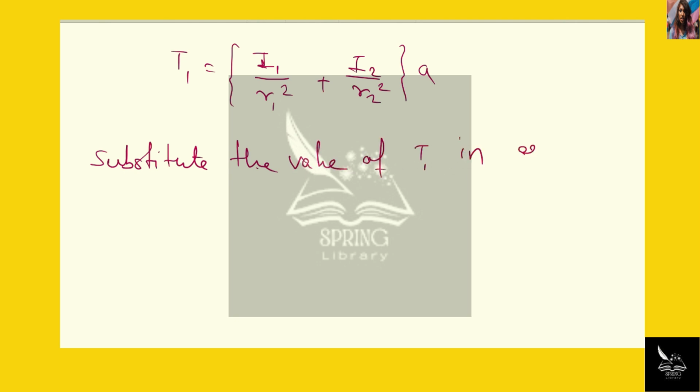So from equation 1 we get mg minus (I1 upon R1 square plus I2 upon R2 square) into A is equal to ma.